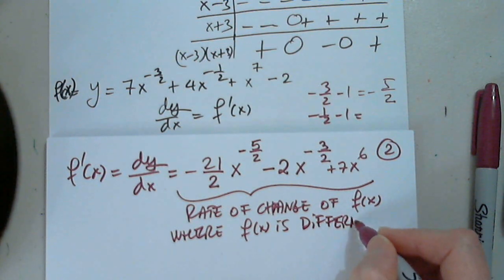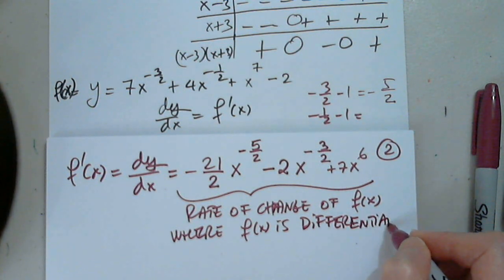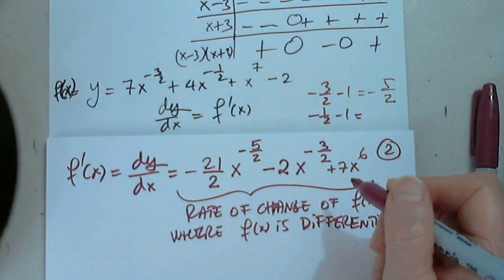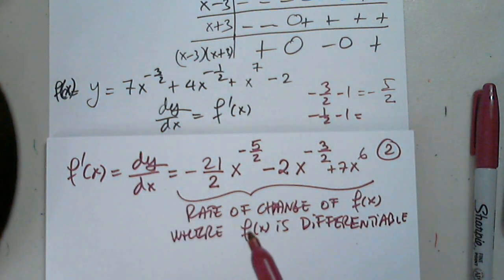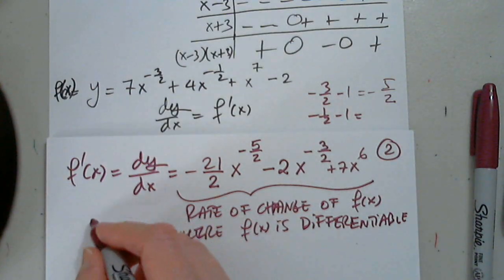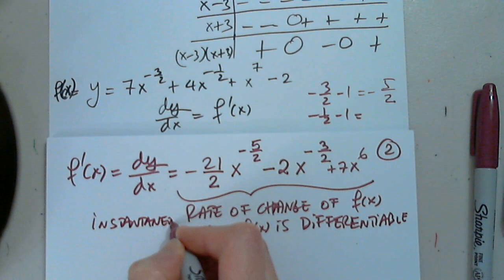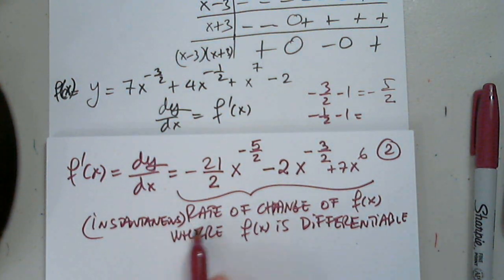In other words, to be exact, if I plug in a number for x, then I get the instantaneous rate of change at any point where the function is differentiable. Is this okay now?